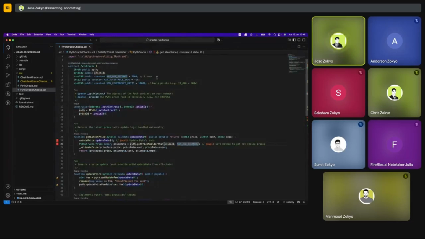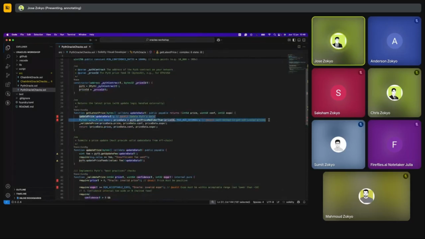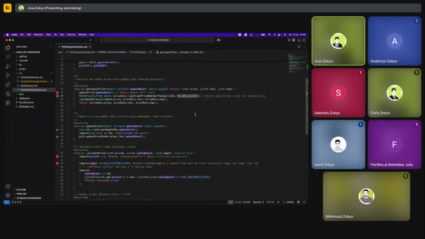In this case, it's been set to an hour, so you will be getting prices which are up to 1 hour old. So here you have the two main points. You are basically solving the issue of the price not being updated, and as well, in the same transaction, getting prices which are not older than the designated period.